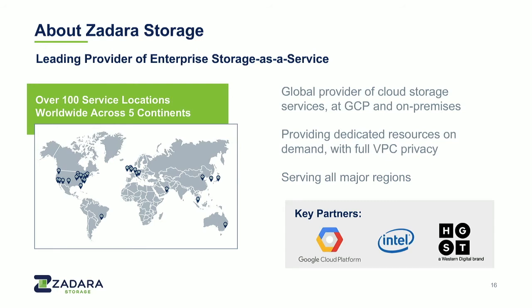The point is that your data is only visible from inside your GCP private network and not accessible outside. That means that your security model is actually GCP's security model. We don't provide access outside of that security model.